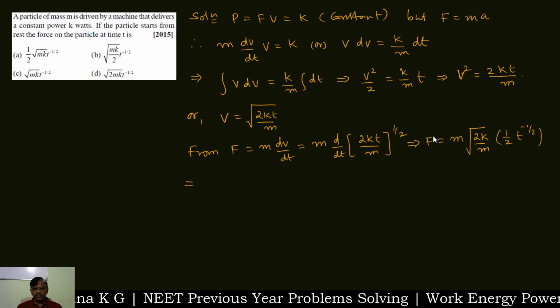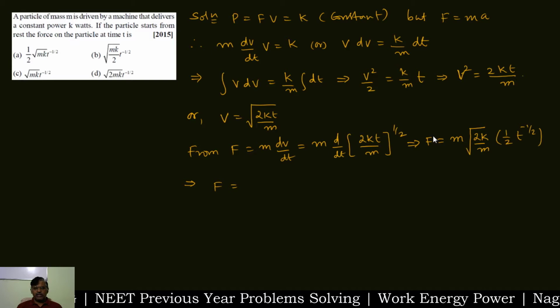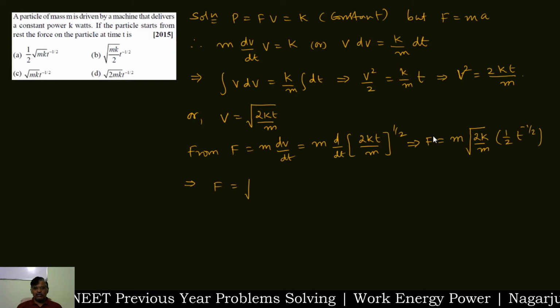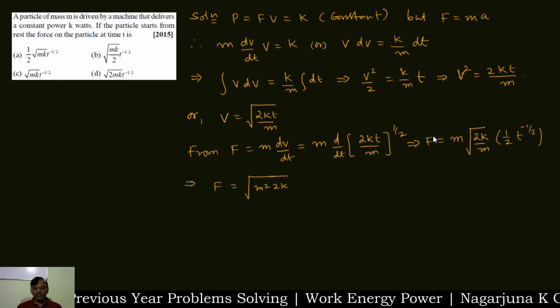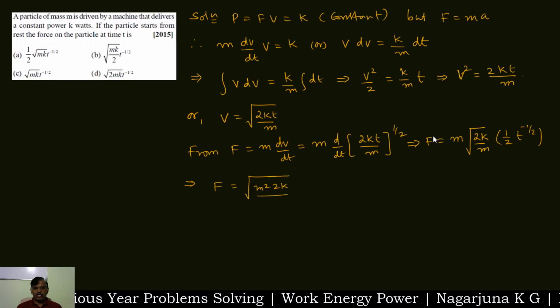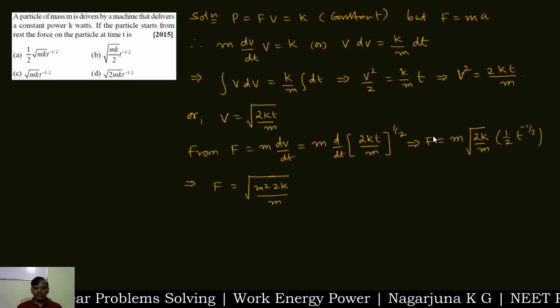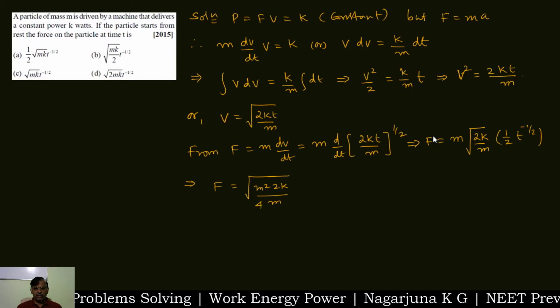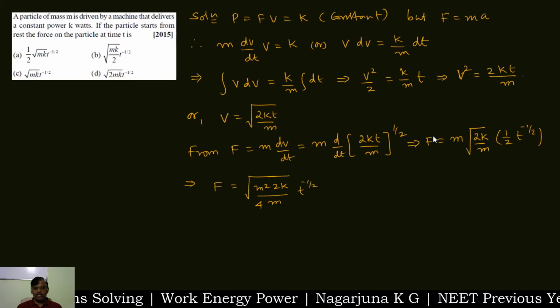So that implies F is equal to, you can write M under the root, that is square root of M square into 2k divided by M, and the 2 outside I can write under root also, so it becomes 4 in the root, and t to the power of minus 1 by 2.